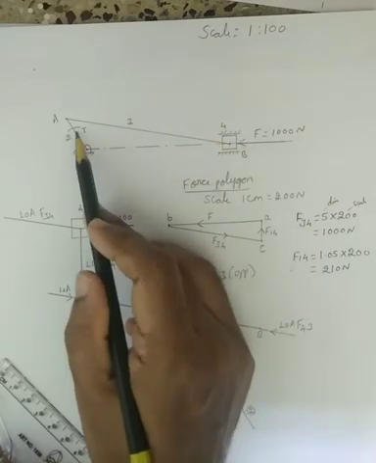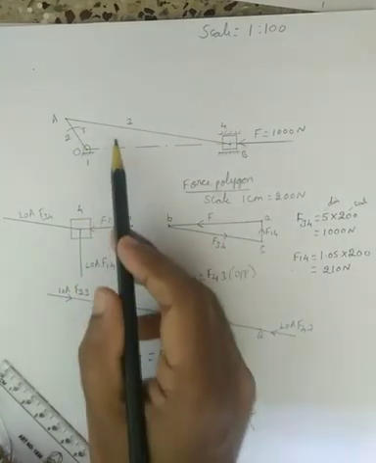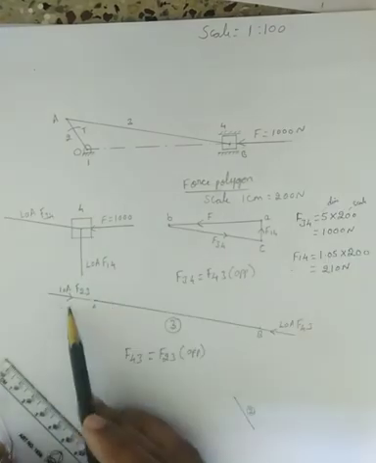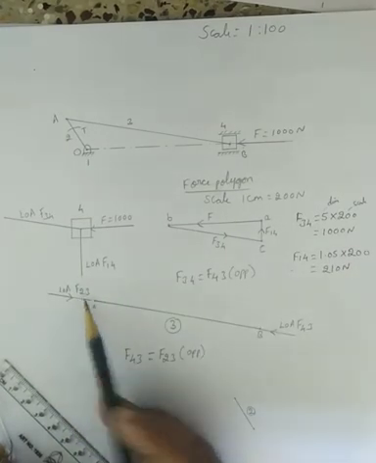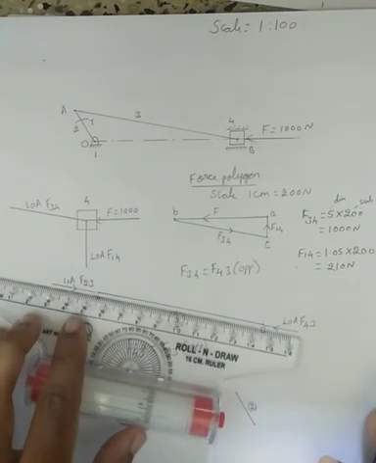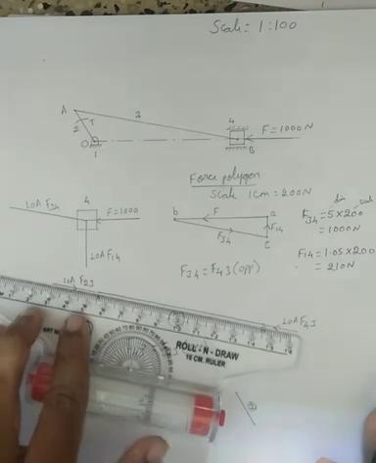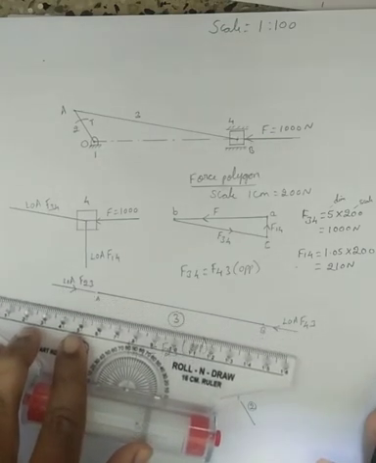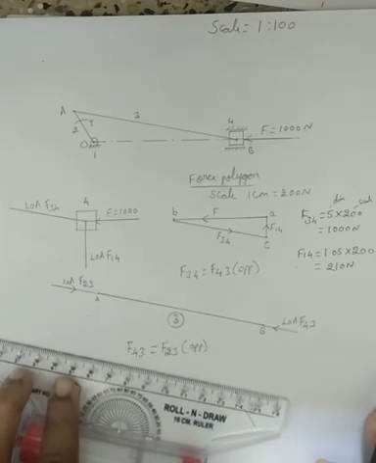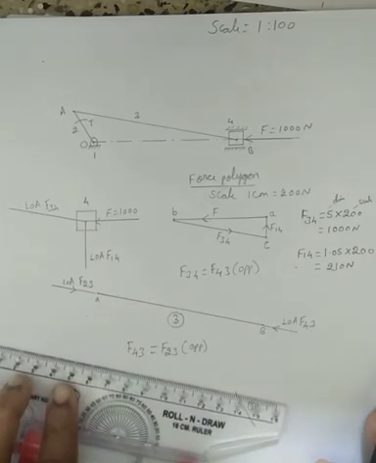F32, the line of action we know, is in the line AB only. That is opposite to F23. So I can take F23 and F32. Both are equal but opposite in direction.